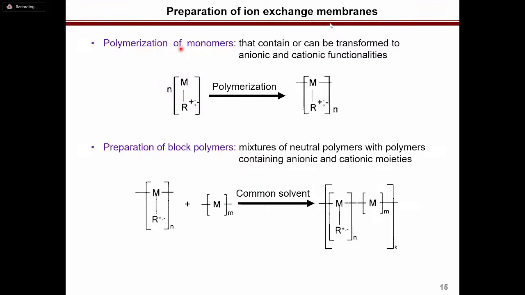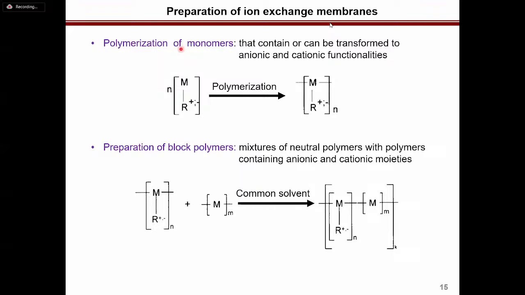The other way is you can introduce the functional group to the backbone by a certain chemistry. You can have a mixture of neutral polymers with polymers containing the functional group. So you have two different base materials. You can put them together under controlled chemical conditions and form the ion exchange membranes by a chemical reaction, an organic reaction, or whatever kind of chemistry you use for the compounds that you choose.